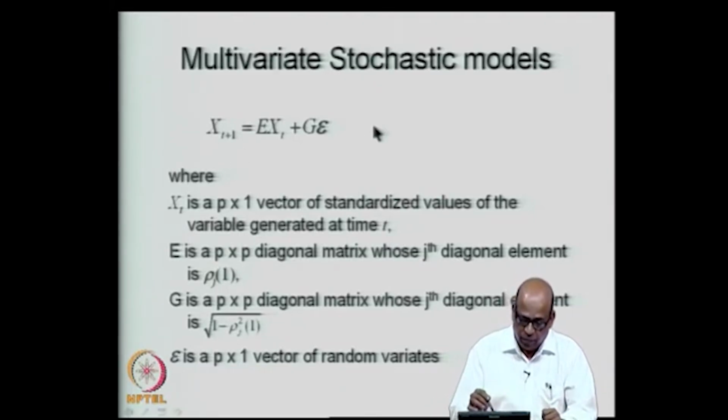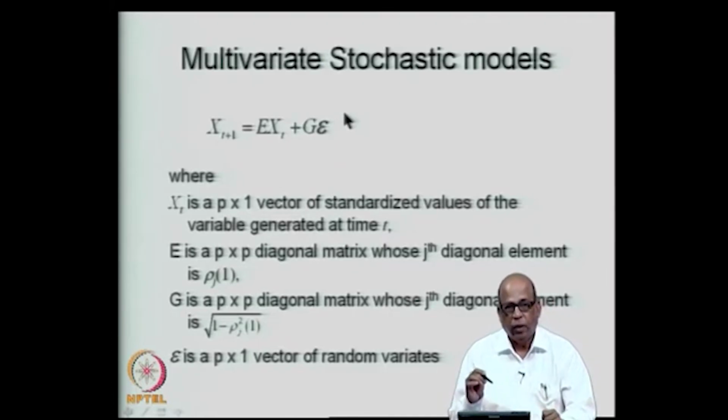It follows the same broad structure, except that here we incorporate our cross correlations among different sites through epsilon, and the lag 1 correlations, which means the time dependence, we have put through the vector E here, or the matrix E here.